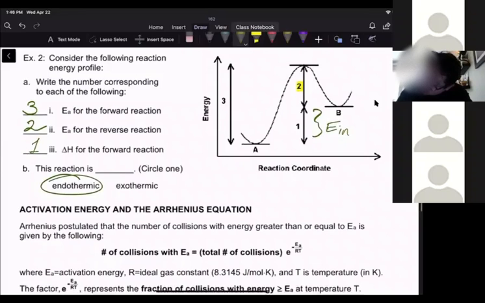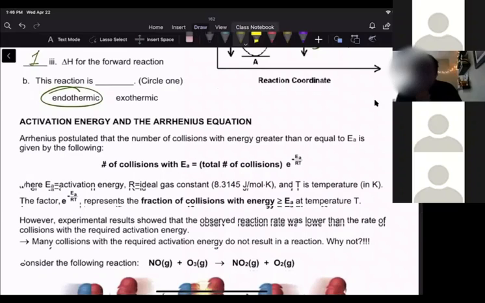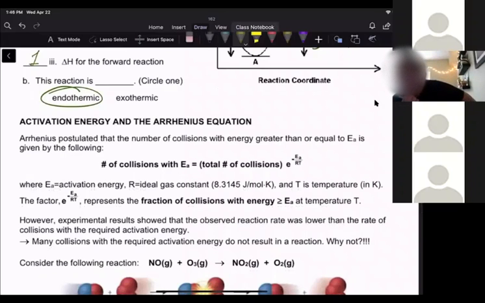Okay, so the number of collisions with energy greater than the activation energy is given by an exponential. E to the minus EA over RT, where R is our gas law constant and T is the temperature, in Kelvin, of course.